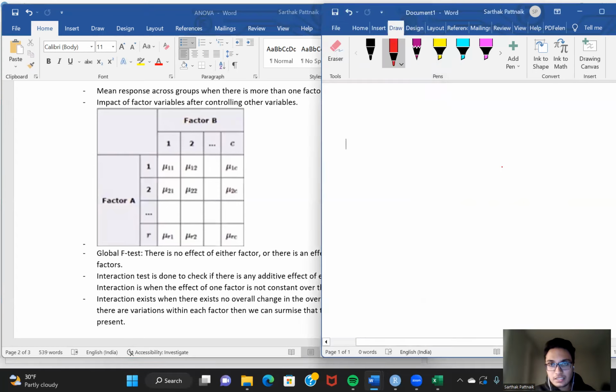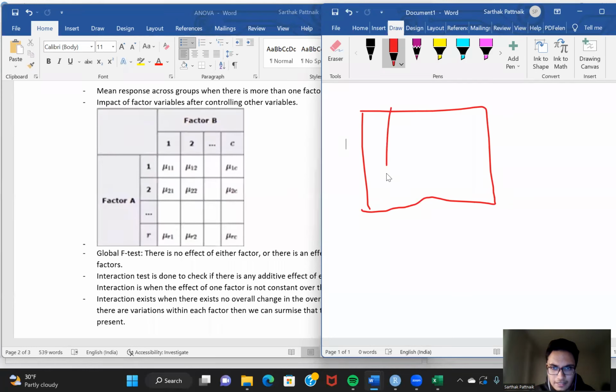Now take a similar example like this. Say there is factor A and factor B. Here let us suppose I keep gender, and here I keep drugs.